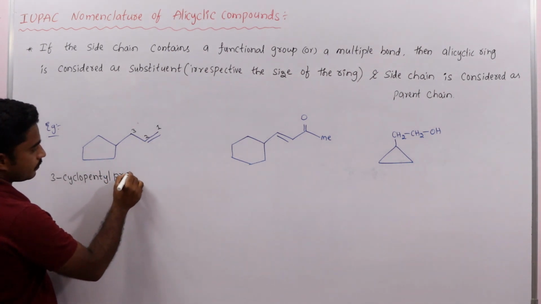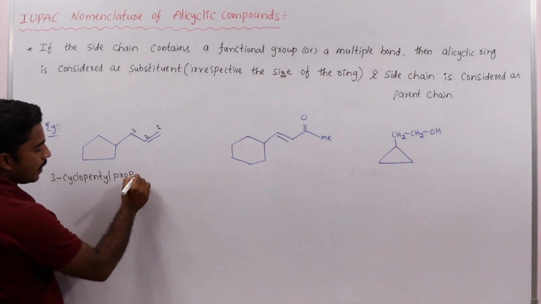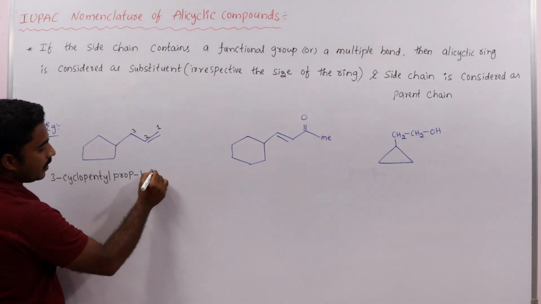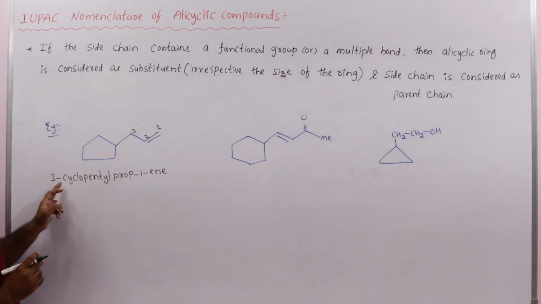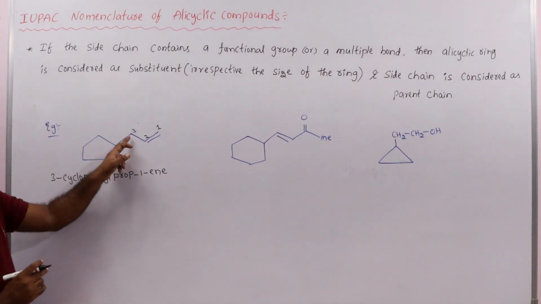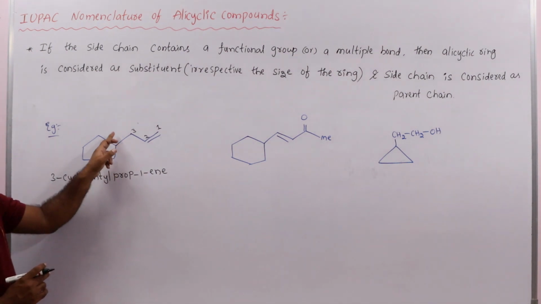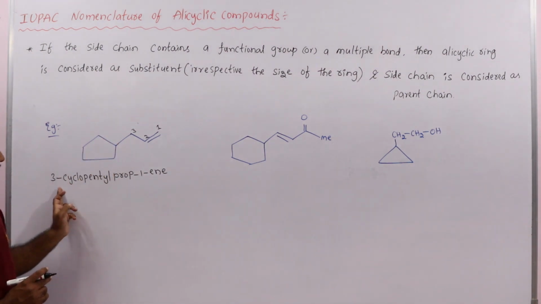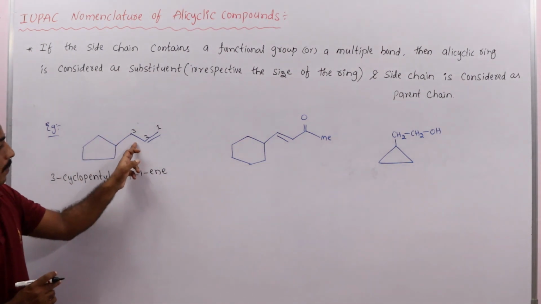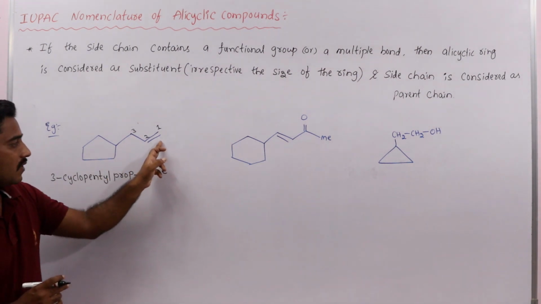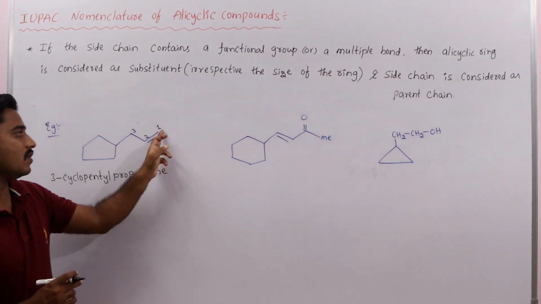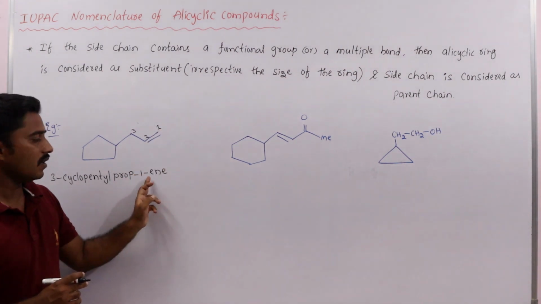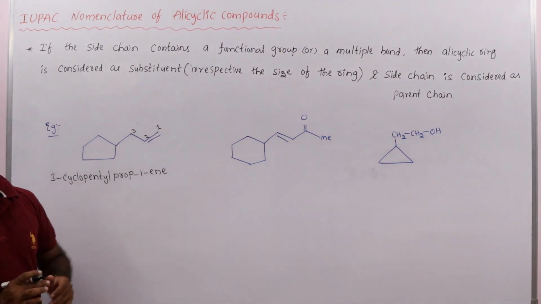Prop and 1-ene. Prop-1-ene. 3-cyclopentyl: at the third carbon of propene the cyclopentyl ring is there. That's why 3-cyclopentyl. In the parent chain 3 carbons are there, that's why prop is the root word, and the double bond position is 1, that's why 1-ene. Prop-1-ene.